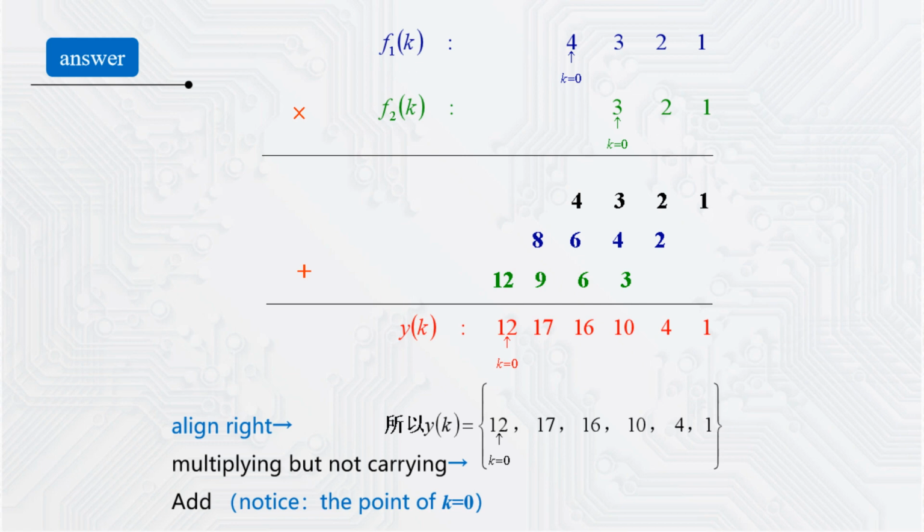After multiplying, we add the product values of the same column and get the result of the convolution sum. So notice where it starts. Notice where k is equal to 0. Be sure to analyze it. The process of analysis usually follows a graphical process because it is more clear.